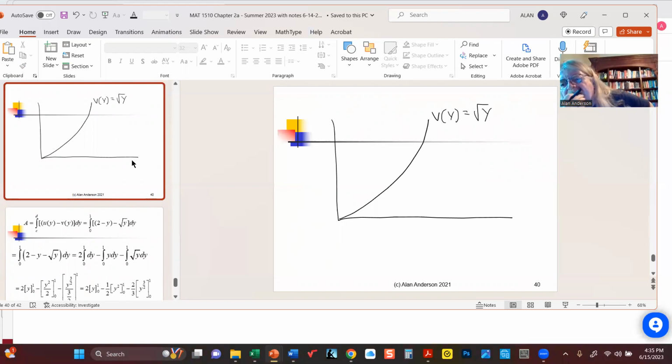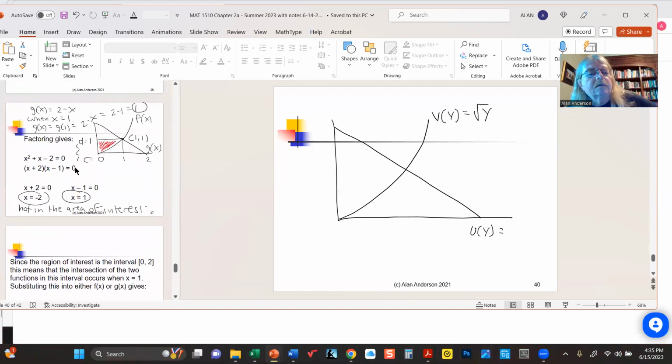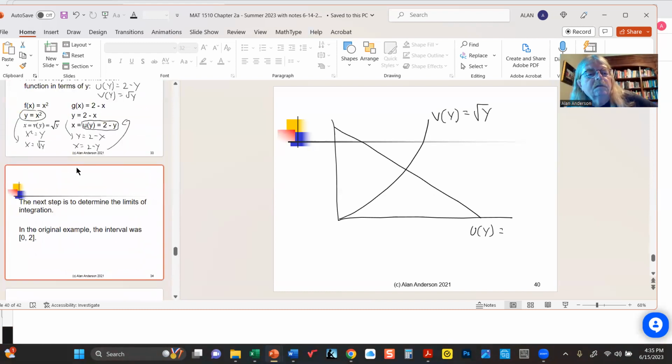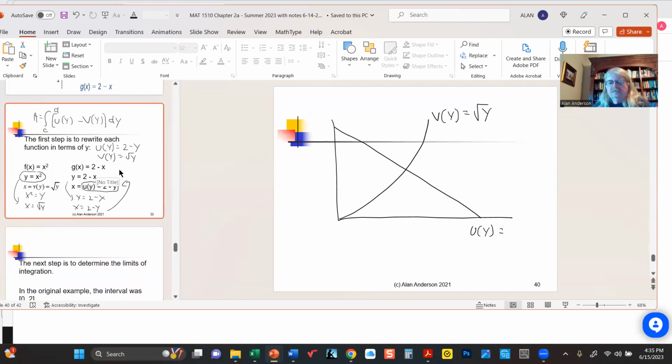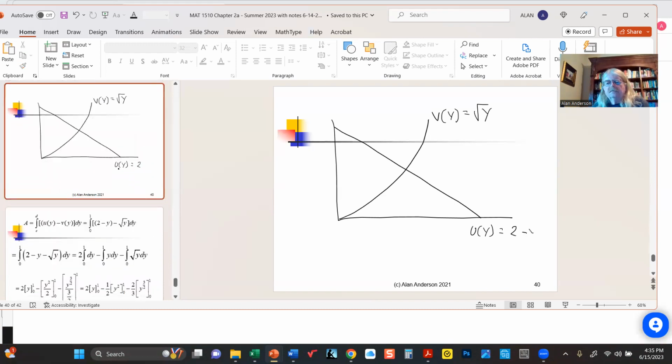In other words, with respect to the y-axis, this is the square root of y. And then the other one, we've already seen that u of y is 2 minus y. They cross at this point. We're interested in this area.